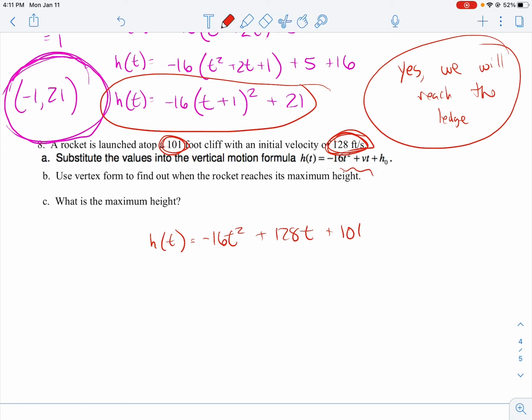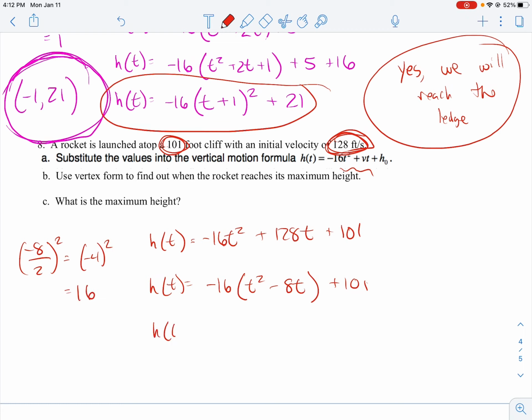So anyway, now take out a negative 16, so it's going to be t squared minus 8t plus 101. Take my b value, negative 8, divide by 2 and square it. So I'm going to add 16 in there.